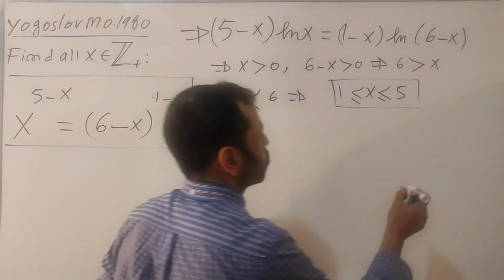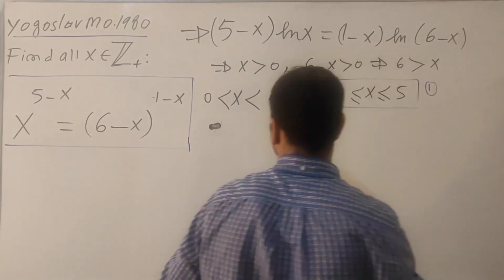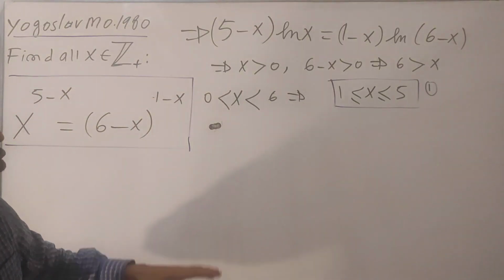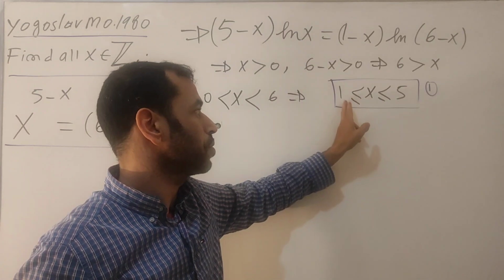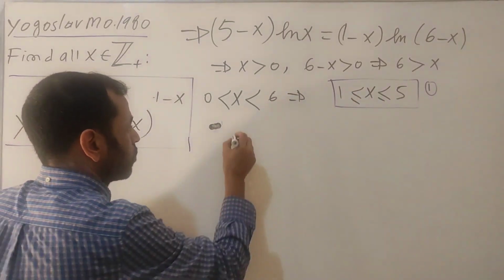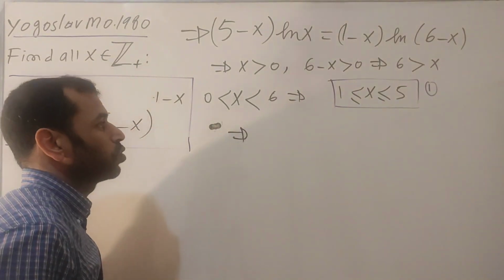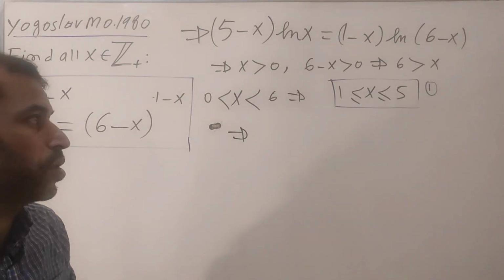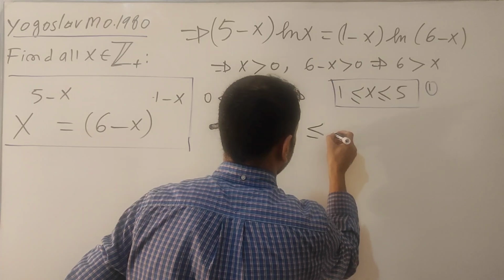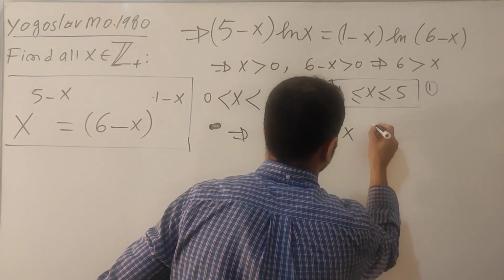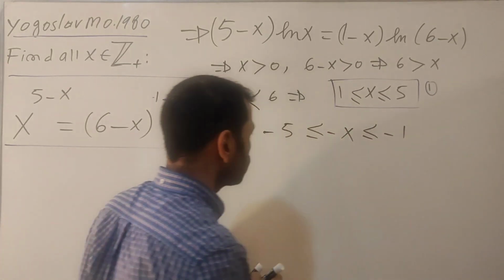Let's name this inequality number 1. Now I'm going to multiply both sides by -1, so the inequality changes direction. This becomes minus 5 is less than or equal to minus x, which is less than or equal to minus 1.